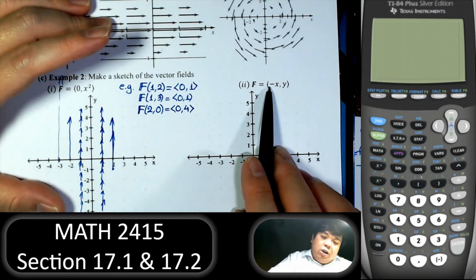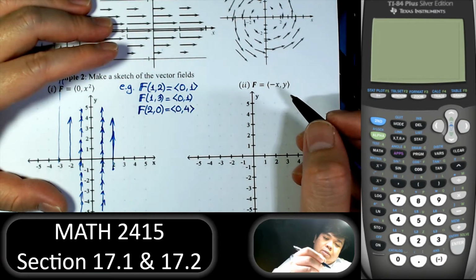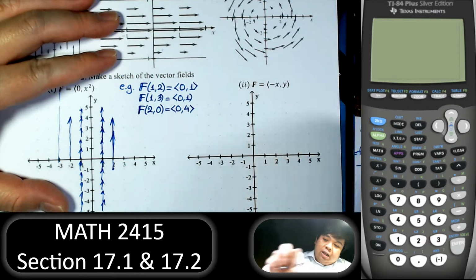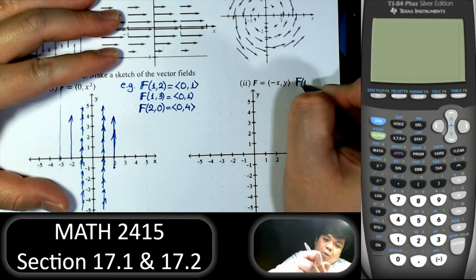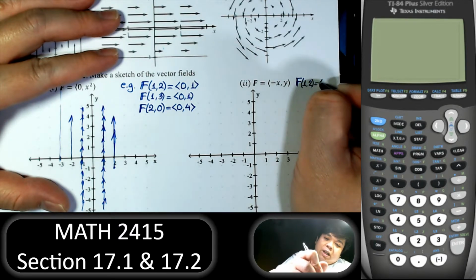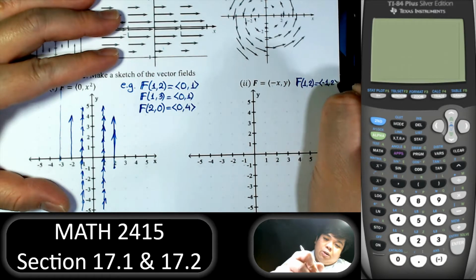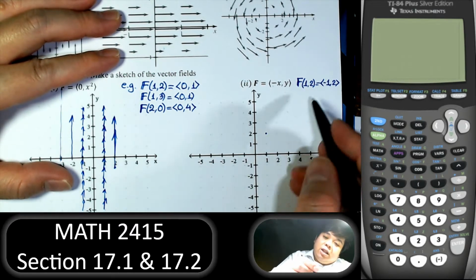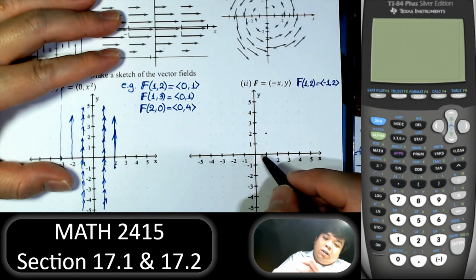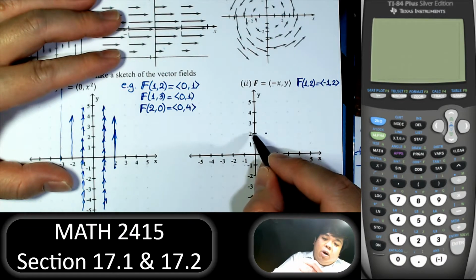Right, let's try another one. F of (x, y) equals (negative x, y). So let's say f of (1, 2) gives us (negative x, y), so (negative 1, 2). At the point (1, 2), the vector is (negative 1, 2).